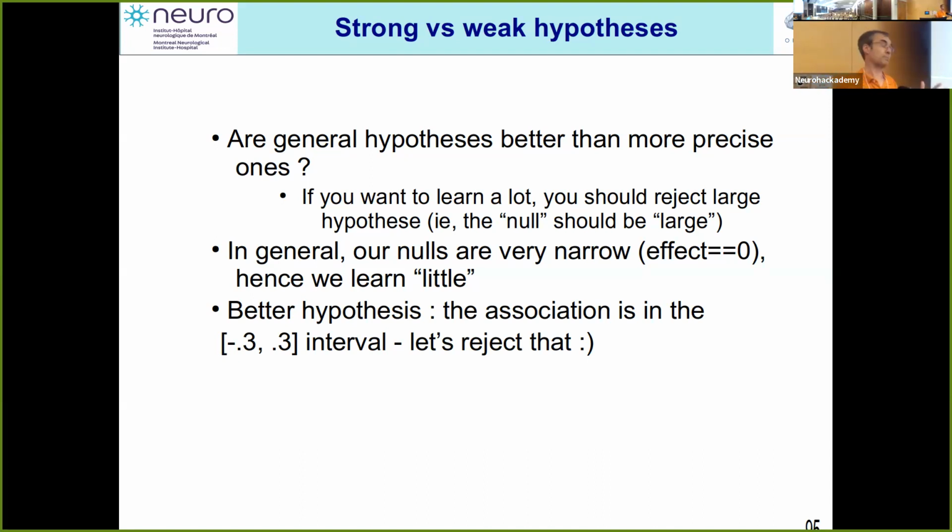And I should try to reject whether that effect is outside, for instance, -0.3 to 0.3. So you see, you're trying to reject something that has more biological value. That's a better hypothesis to reject.